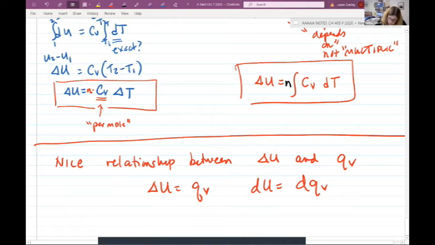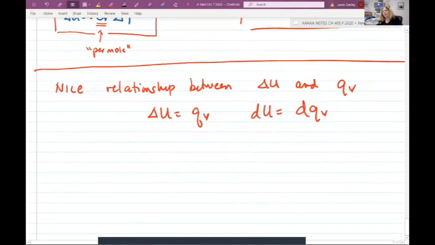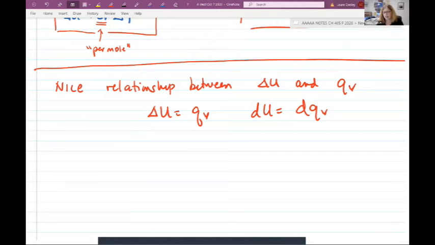Unfortunately, in chemistry, we don't deal too much with constant volume processes. What we're really interested in are constant pressure processes, because when you do a reaction on the benchtop, the pressure is constant. It's the atmospheric pressure.